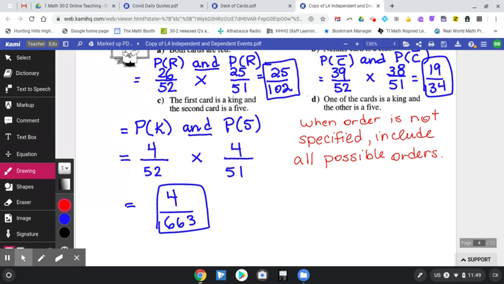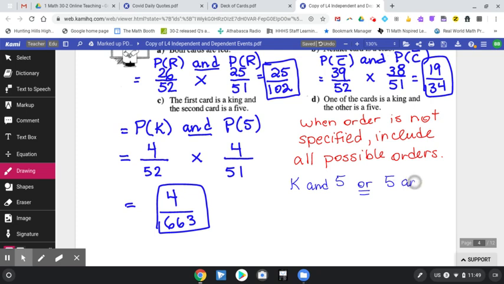So what we actually have here is an or type of question. So it could be the king first and then the 5, or it could be the 5 first and then the king.